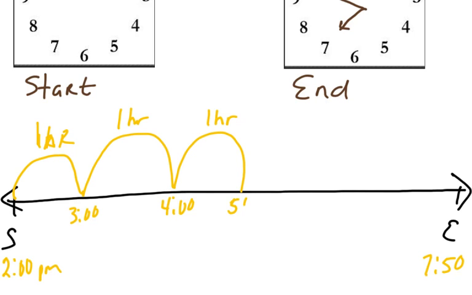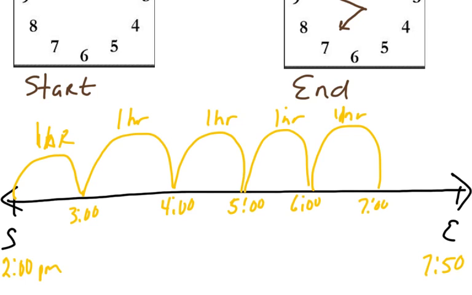Now it's 5 o'clock. Then we're going to go another hour. Now it's 6. Then we're going to go another hour. Now it's 7 o'clock. Now we can't go another hour because another hour will put us at 8:50, and that's past our time. So now we want to count our minutes.